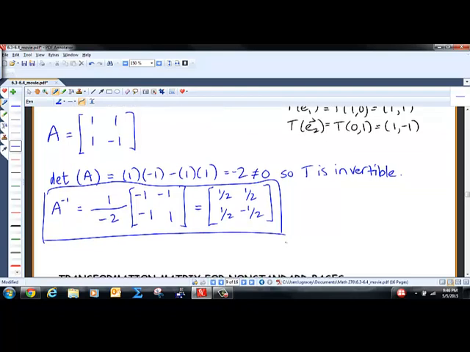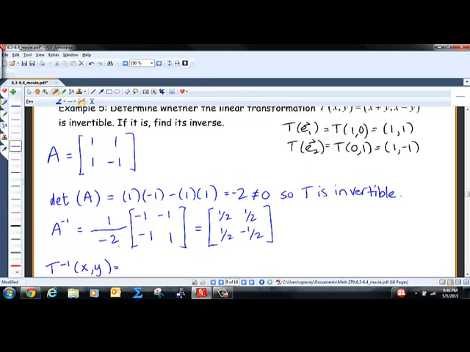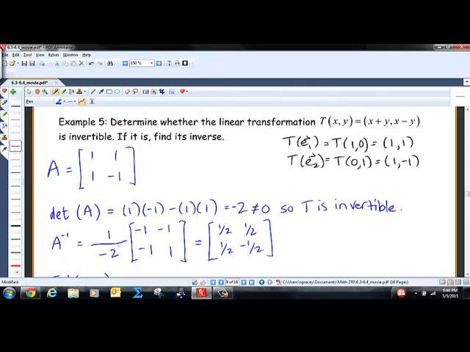All right, so now actually we want to know what exactly the linear transformation would be, right? So T inverse, therefore, at X and Y is going to be, so you got to think about your original transformation, right?